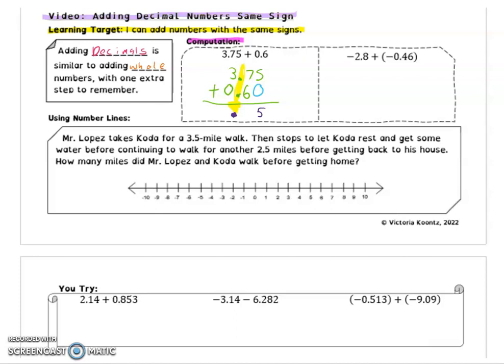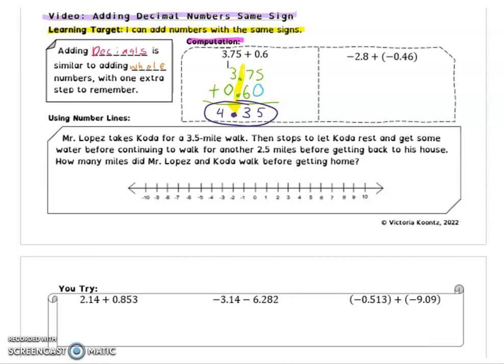I like to do it this way and do 6 plus 6 is 12 plus 1 more is the same as 6 plus 7. So I know that that is 13. I have to carry that 1, bring the 3 down, and then 1 plus 3 is 4 plus 0. So I get my answer of 4.35. And then we circle our answer.